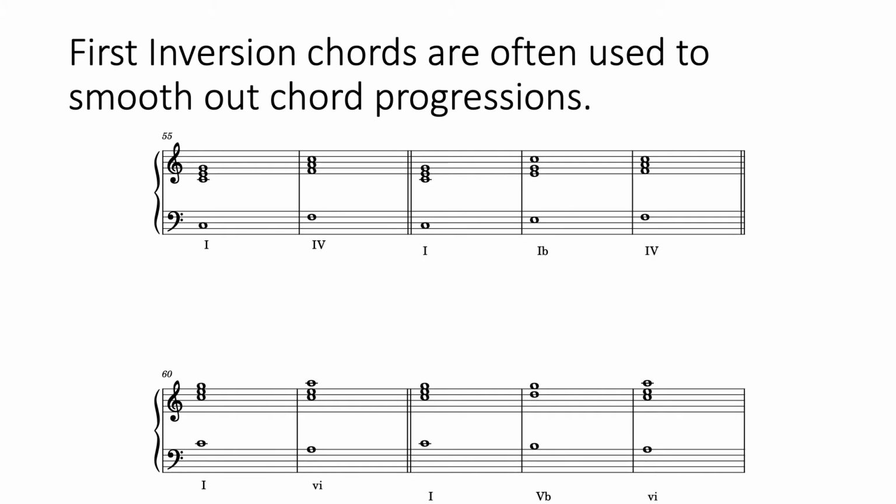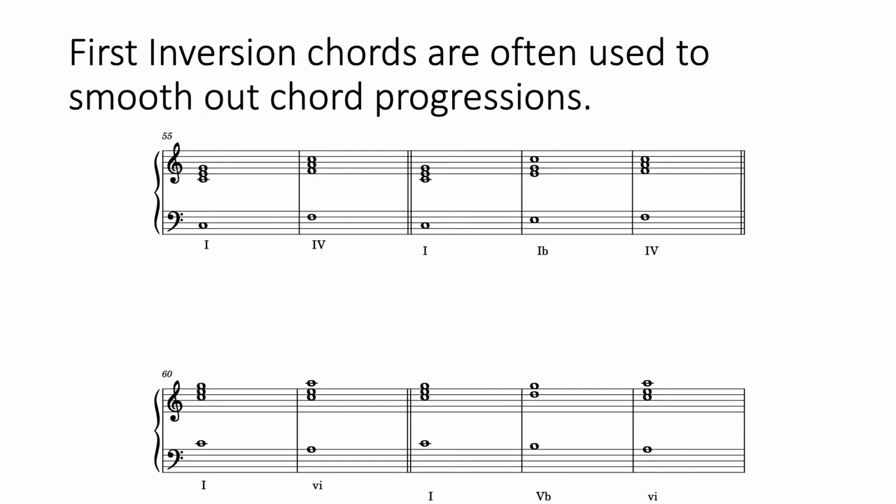So as well as being used as a sound in themselves, they're used in a functional way. They're used to smooth out chord progressions and to make those joins between one chord and another less articulated.